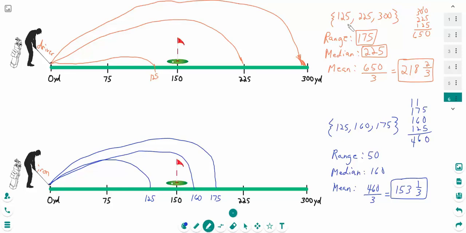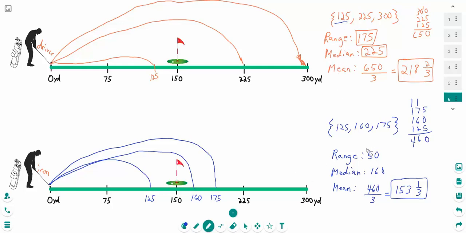So never use a driver, I guess, for a 125-yard hole, because then you could be 175 yards off, if you were to swing at the same speed and everything else. Of course, we're oversimplifying this a little bit, but for this example, it's pretty clear that it would be 75 possible yards off of our mark, which is pretty far.